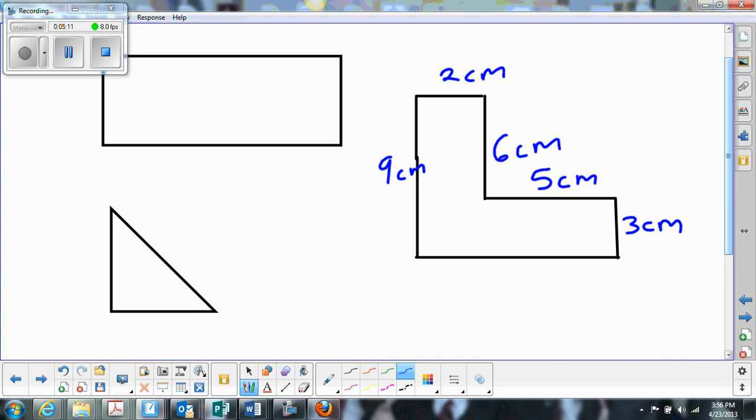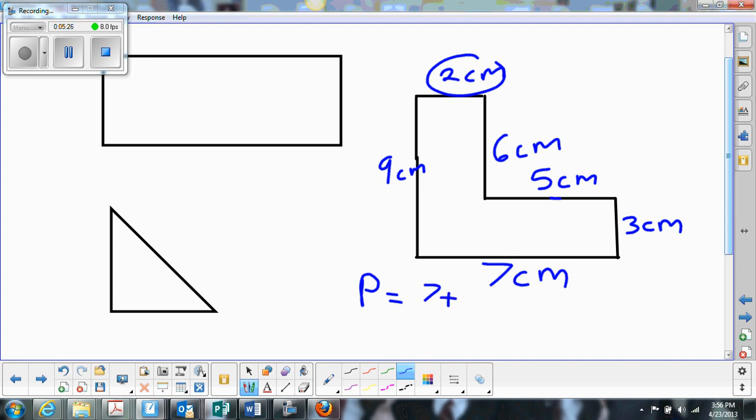And if this is 2 centimeters and this is 5 centimeters, then the bottom must be 7 centimeters. So once you have all the tallies, P for perimeter equals, and then you add them up.